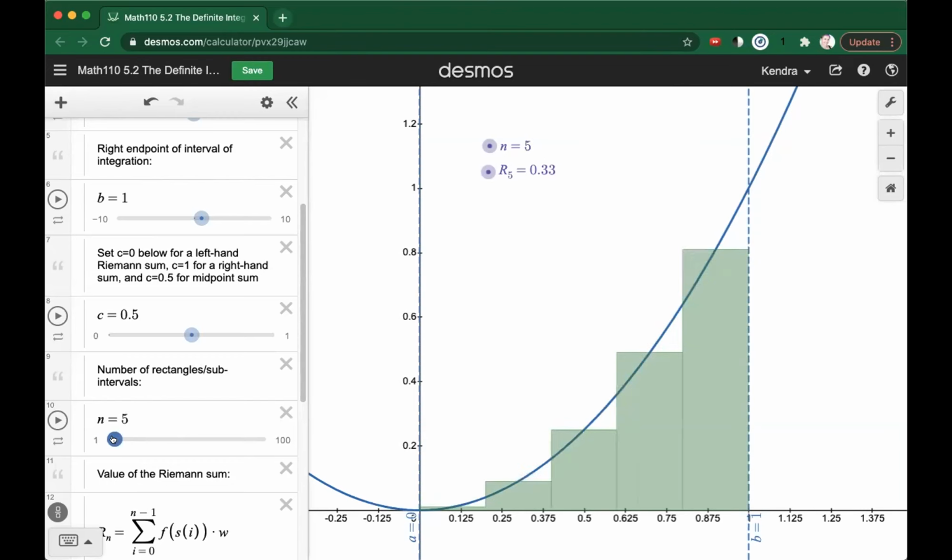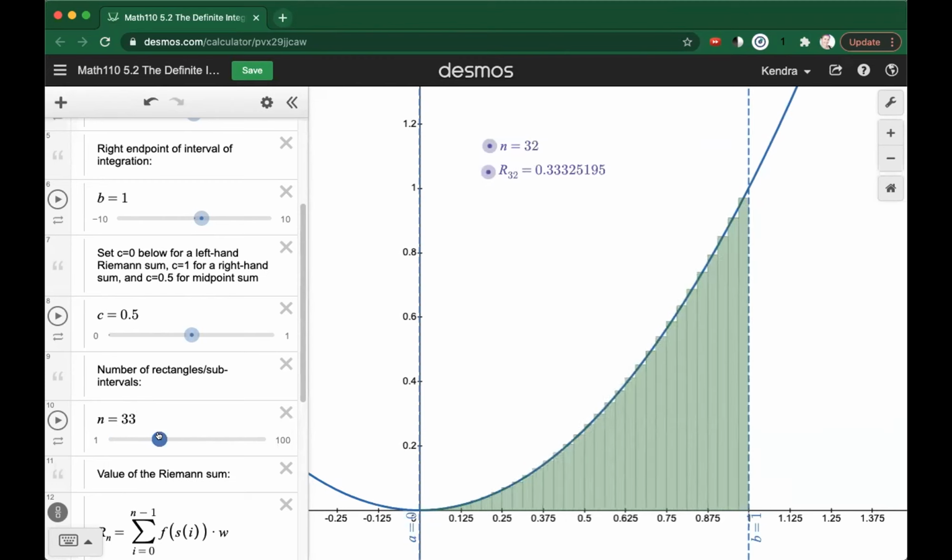Okay. And here's what it looked like for n equals 4, for 4 rectangles. Here's what it looked like for 8 rectangles. All right. And you can see this is what it is going to look like if I take more and more. And you can see the midpoint is going to give you a better estimate.